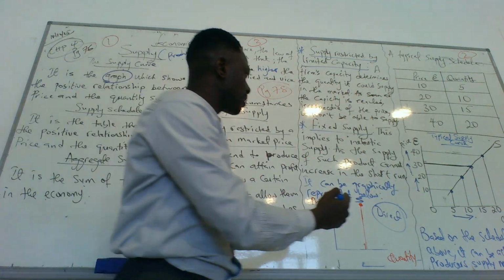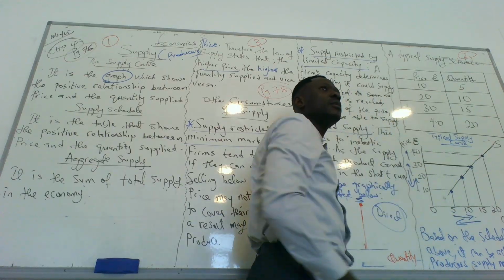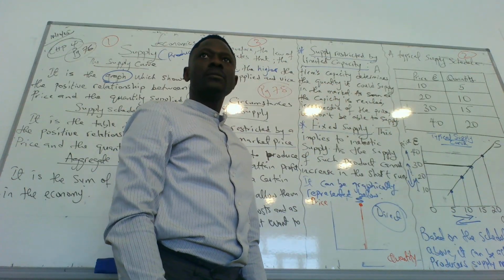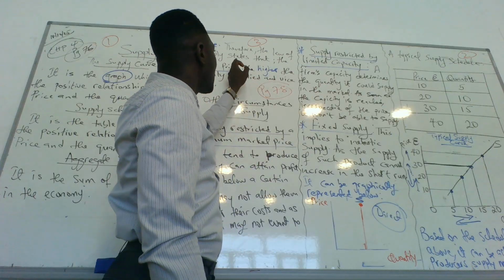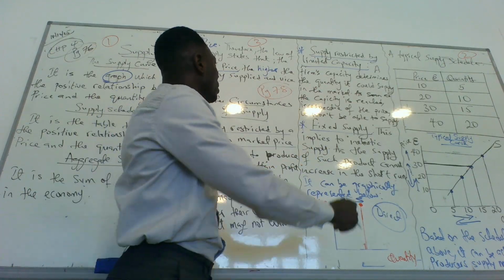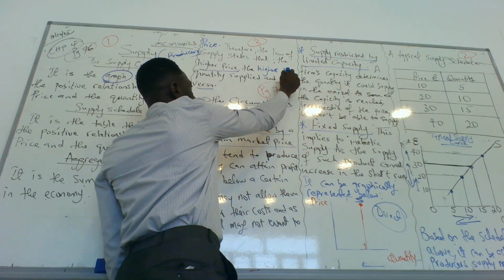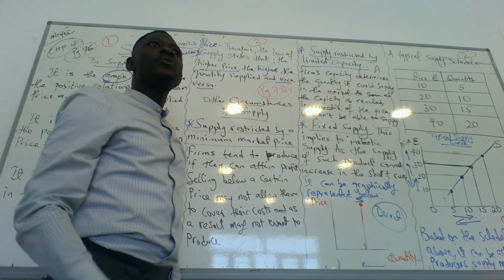The lower the price, the lower the quantity supplied. Sorry, there was a mistake there, please change that to higher. Do we get it, please? Yes. The higher the price, the higher the quantity supplied. The lower the price, the lower the quantity supplied. That's why I wrote vice versa. Do we get it or not?